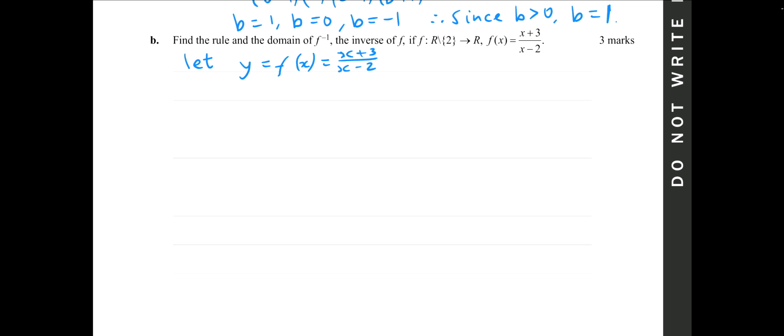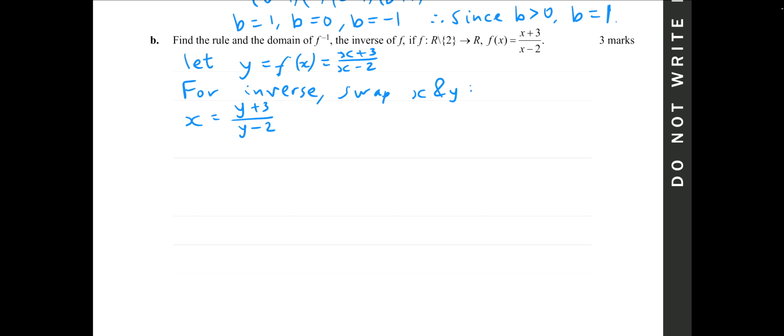So I'm just letting y equal f of x to enable us to do some swapping. I'm going to say for inverse, this is crucial, you must write this line, for inverse, swap x and y.